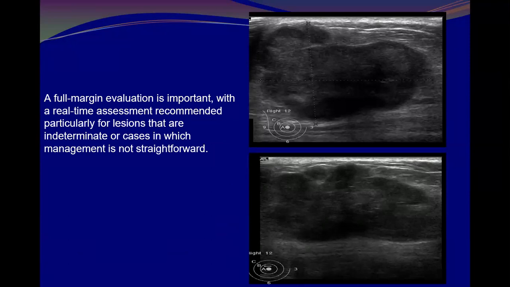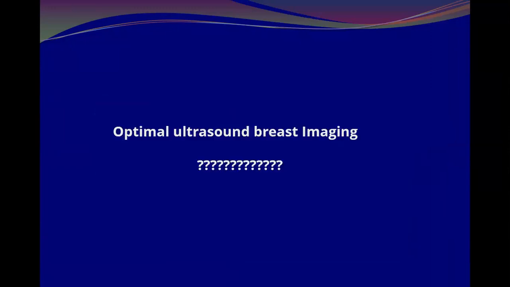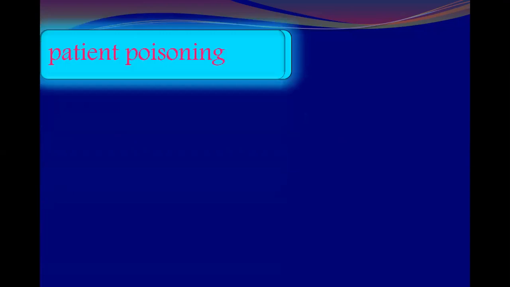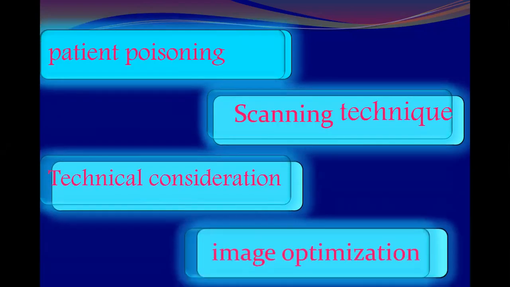Okay. That is why we would like to discuss together how to do breast ultrasound and how to optimize the images, going through patient positioning, scanning technique, and technical considerations to reach image optimization.